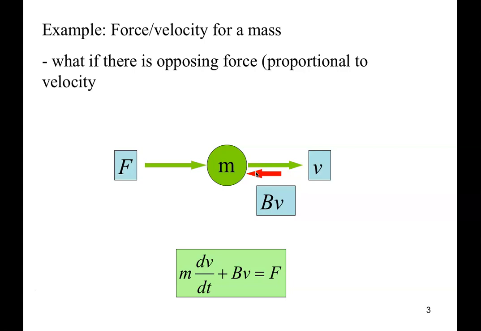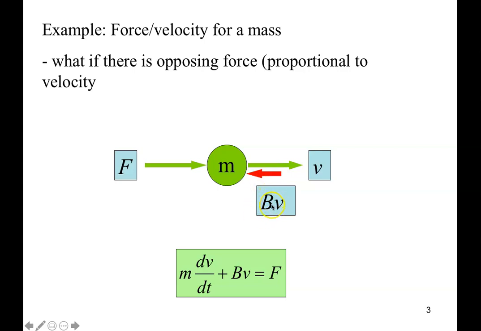Or if the mass is sitting on a surface, then there will be some friction to it. Now the friction opposes the movement of that mass. That's indicated by that red arrow. So I have a resistive force there, which is proportional to the velocity.